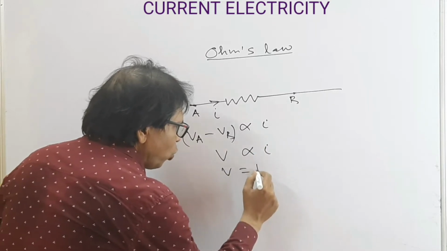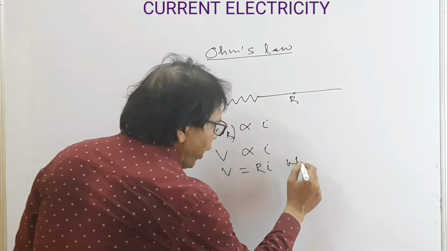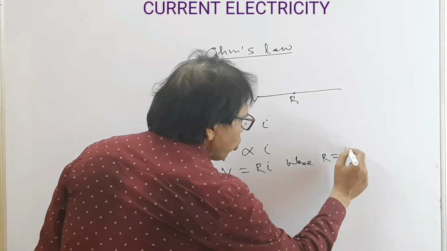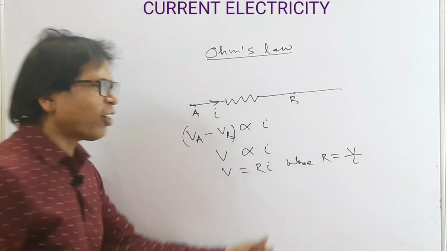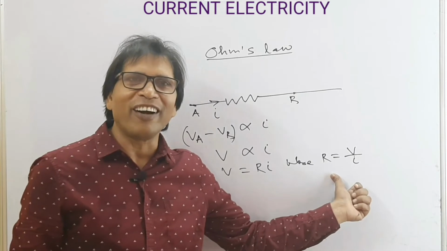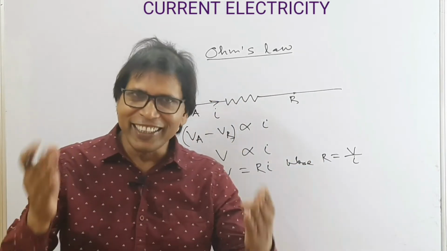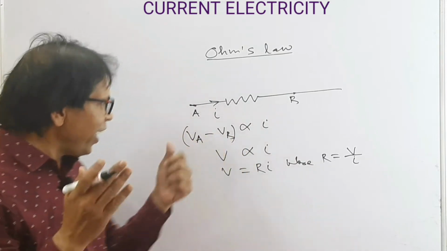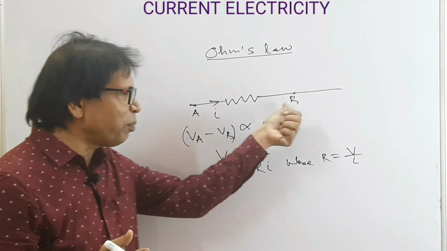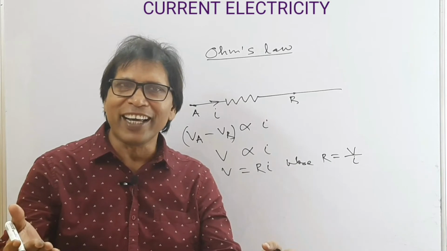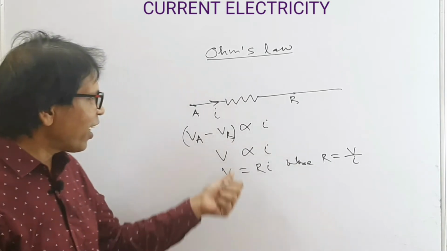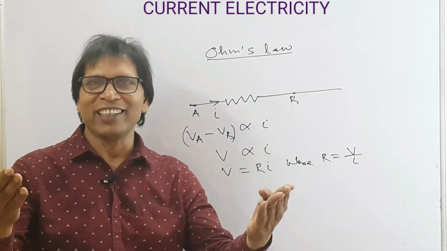So V equal to RI, where look at this, R equal to V by I is called resistance of the conductor. So according to Ohm's law, resistance is the ratio between potential difference across the conductor and current flow through it.